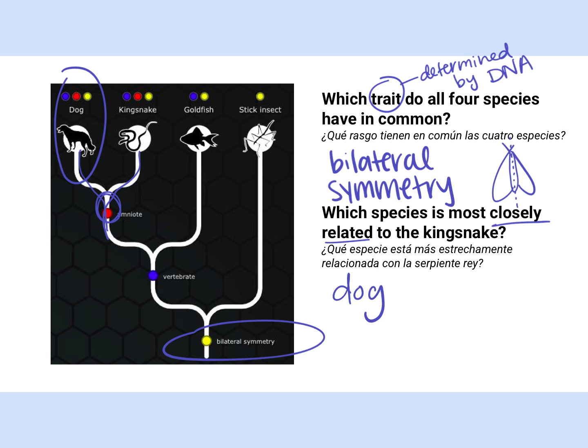If I were to trace back any of these other species, they would intersect where these other traits are represented, and this is further in the past. So the further in the past you go, the less closely related those two species are, okay? So that's an example of one that we already saw.